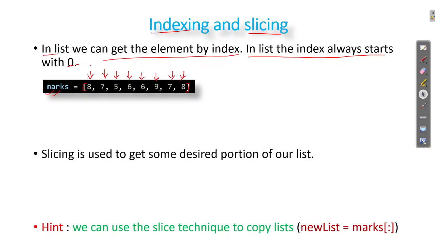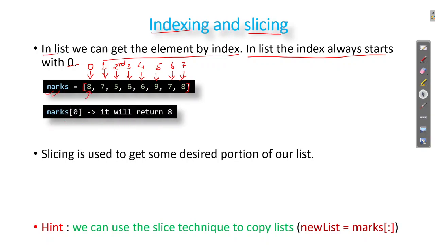So the first one is the 0th position, this is the first position, second, third, fourth, fifth, sixth and seventh. If you want to get this element, you can just write marks, then inside square brackets provide 0, that is the index that you want, and then you get the value of 8.